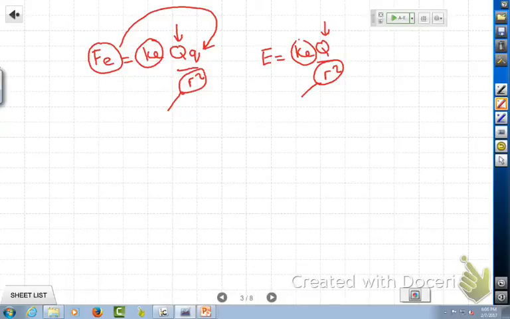Remember, forces, two objects, two forces, action-reaction pair. Without that second charge, you don't get any pushing. The electric field does not. And we'll keep coming back and looking at this because we're going to have voltage and we're going to have electrostatic potential energy. And they all look similar. It's all just so close.